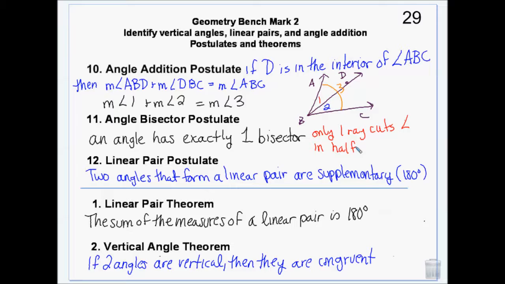And then the vertical angle theorem says that if two angles are vertical, then they are congruent. So we had already drawn this. If I have vertical angles, this angle has the same measure as that angle, and this measure is the same as this measure. And this is a theorem. This is one of those statements that have to be proven, and they prove it using linear pairs.